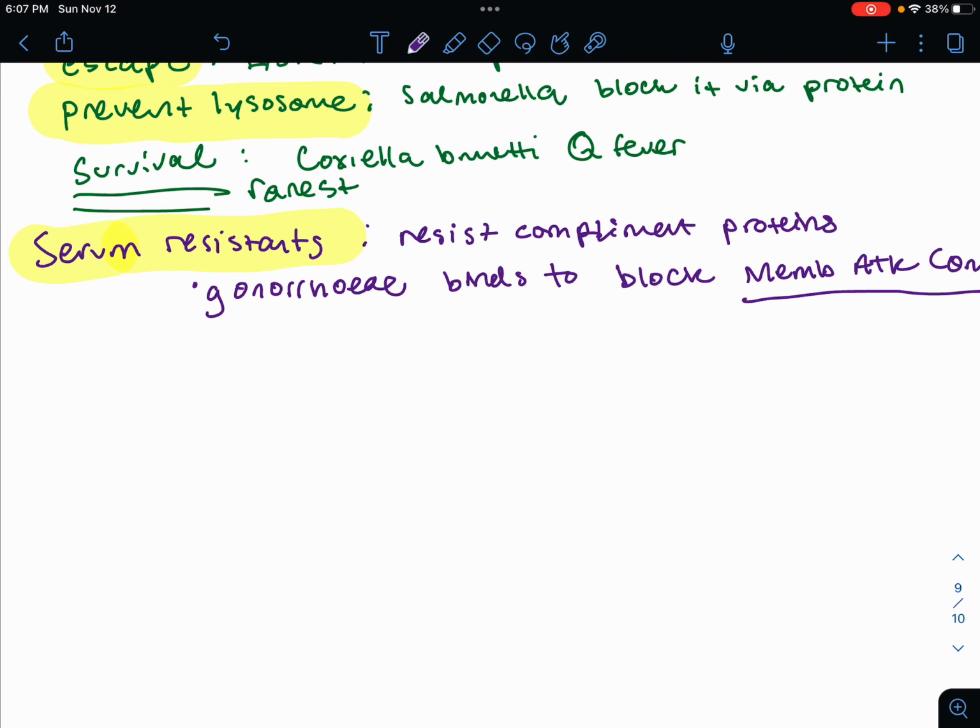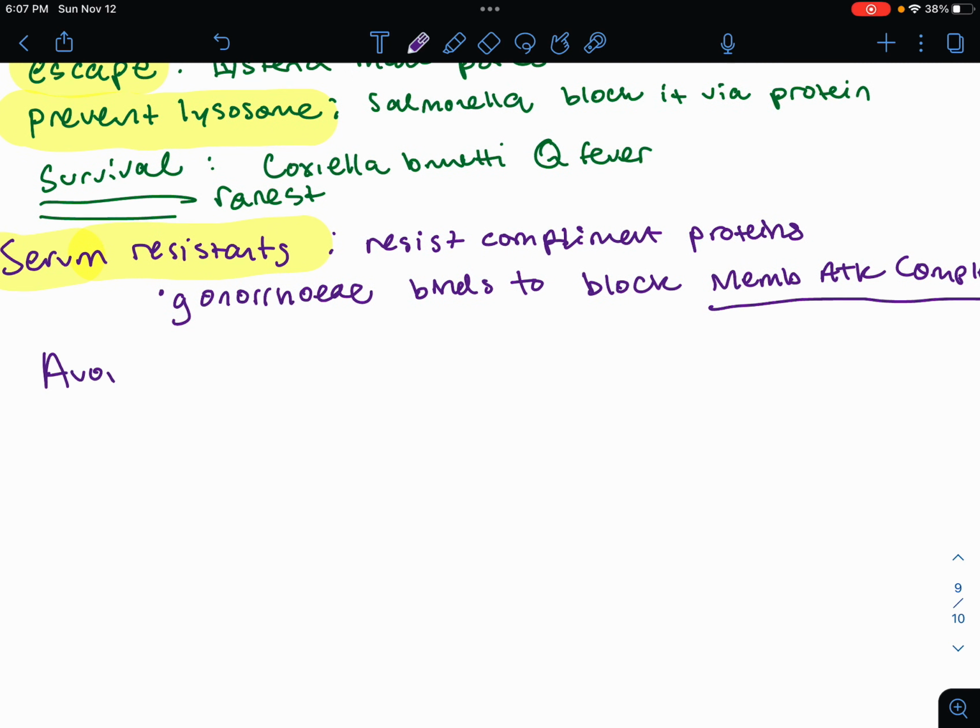And they could also avoid antibodies. IgA protease is going to be the cleaving of IgA found in mucus. This is going to again be made by gonorrhea.